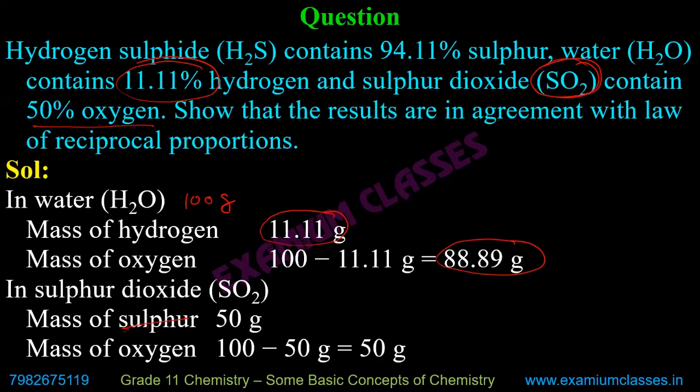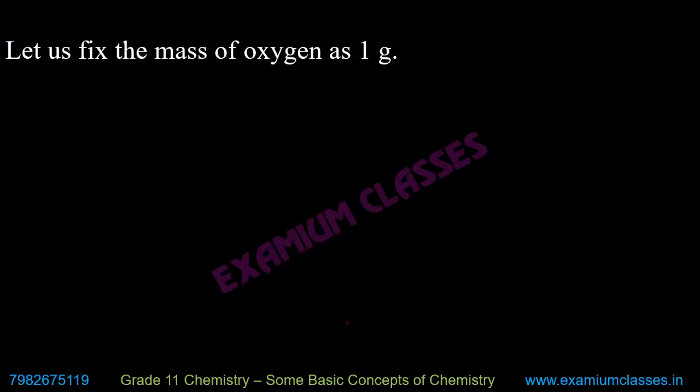Here I should write oxygen, and here I should write sulfur, because oxygen is given as 50%, although the answer will not change. Oxygen is given, sulfur you calculate by subtracting from 100. So in both H2O and SO2, you got the values: hydrogen, oxygen, sulfur, oxygen.